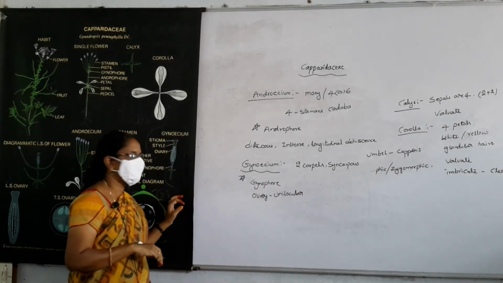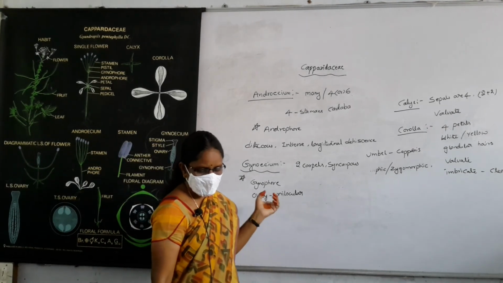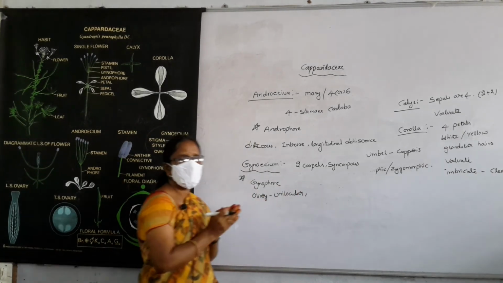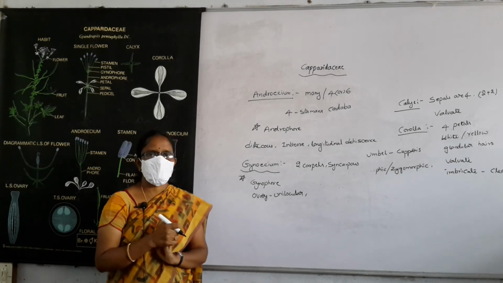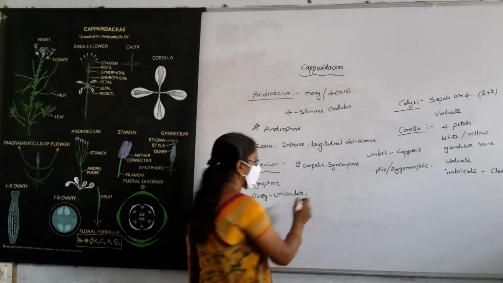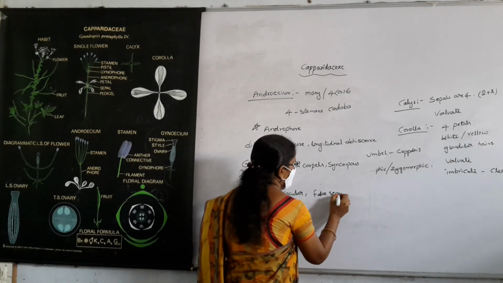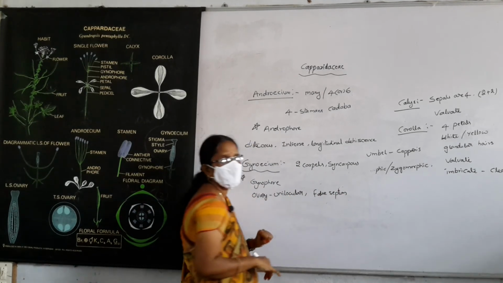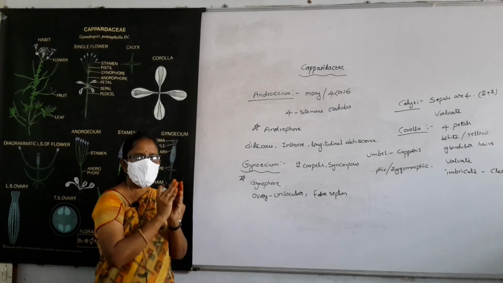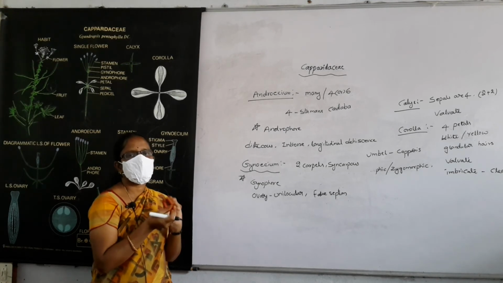Sometimes the ovary appears like it has two locules, because a false septum is present in the ovary. This ovary appears like a bilocular ovary. Actually, this is a unilocular ovary, but sometimes the false septum is present in the middle of the ovary.